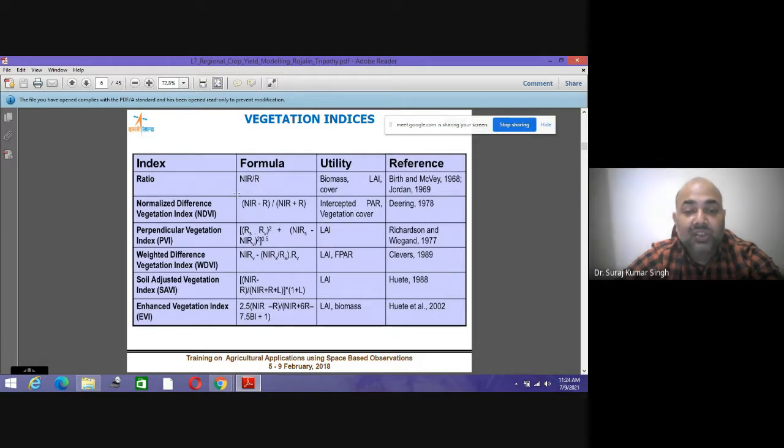Then you have got ratio modeling, whether you will be going for the biomass estimation, leaf area index calculation. Then you have got a perpendicular vegetation index, where you will be going for leaf area index calculation. Then you have got weighted difference vegetation index.